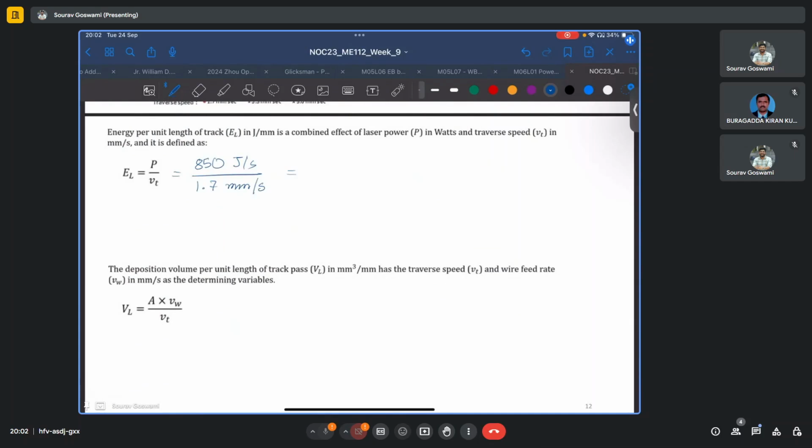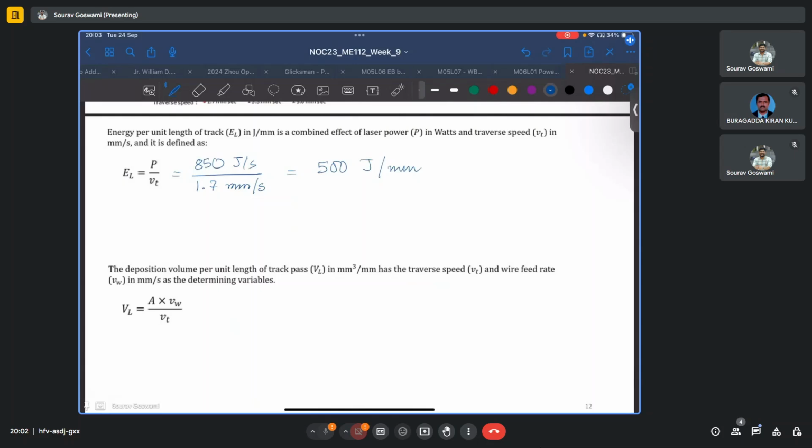I'll just calculate this. This comes out to be 500 joule per millimeter.